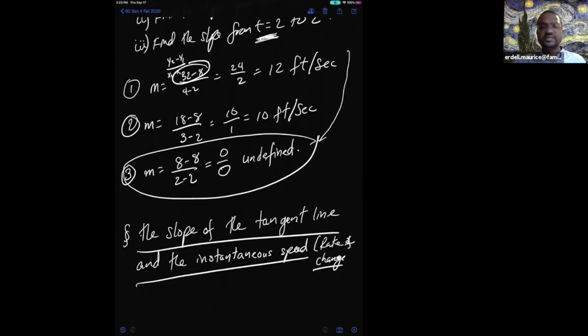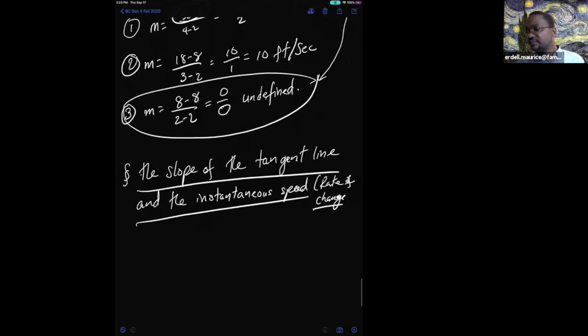I can figure out the average speed for lots of times, but I cannot figure out the average speed at exactly 2. And if you think about it for a second, the average speed at time equals 2 to time equals 2 would be the actual speed of the vehicle.